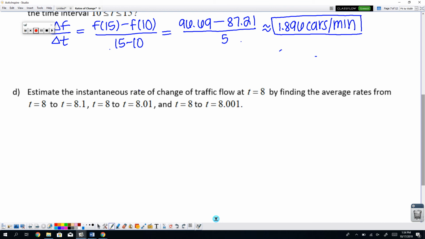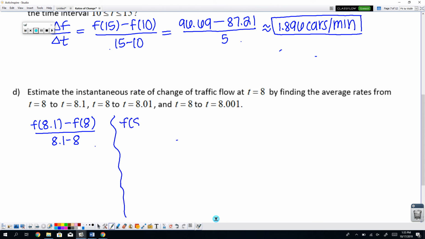Okay? So what we're going to do is we're going to do f of 8.1 minus f of 8 over 8.1 minus 8. And then over here, I'll do f of 8.01 minus f of 8 over 8.01 minus 8.